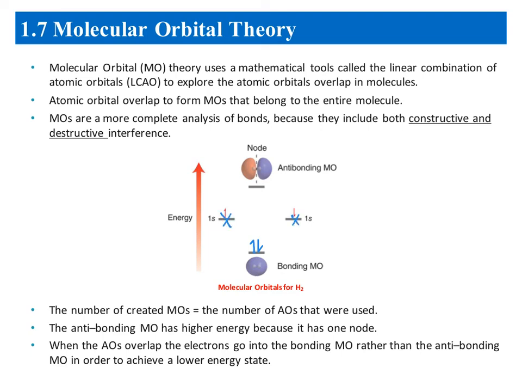And basically we don't have these atomic orbitals anymore. We only have the bonding MO and the anti-bonding MO. These two MOs belong to the whole molecule, and the electrons in the bonding molecular orbital can make a sigma bond between these two hydrogens.